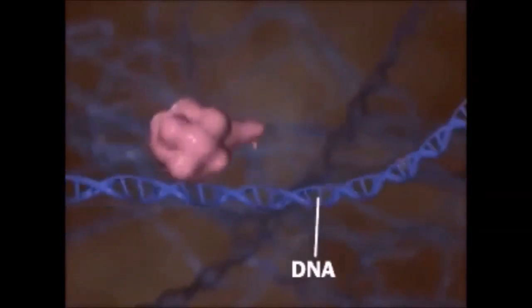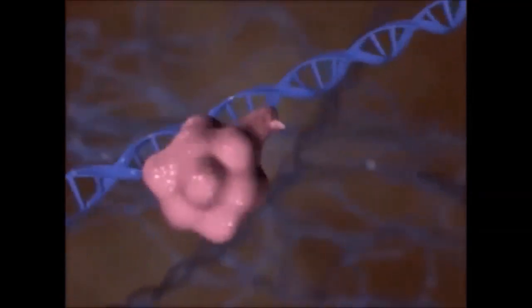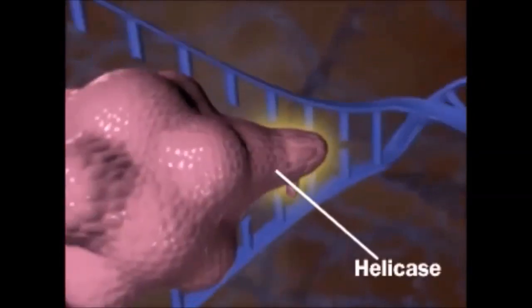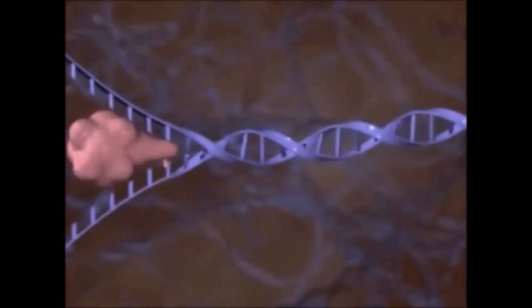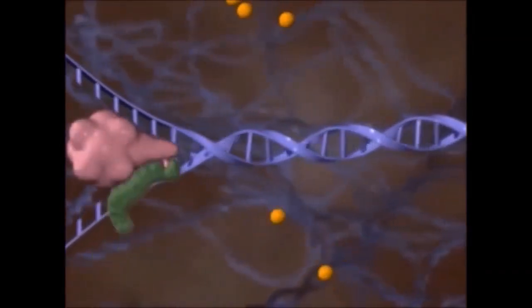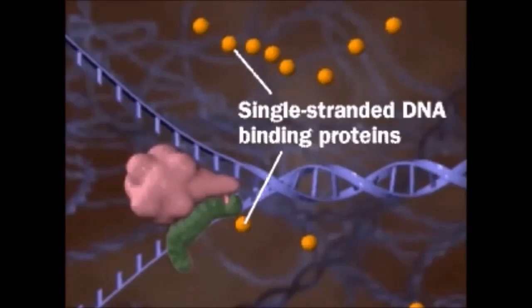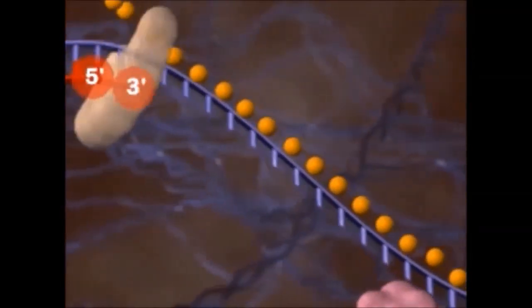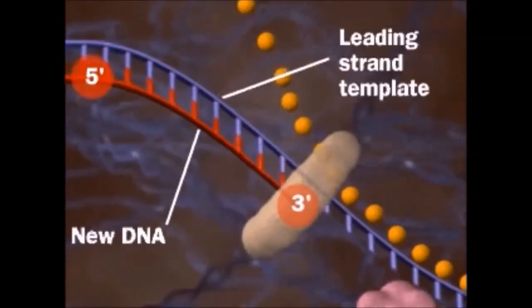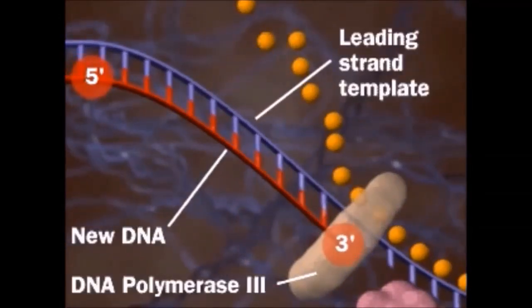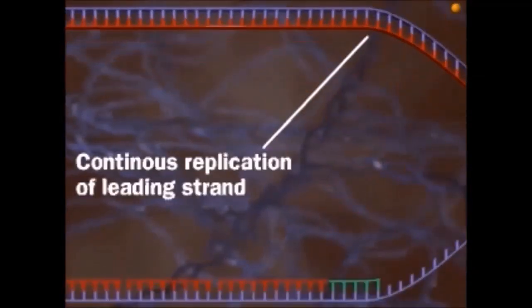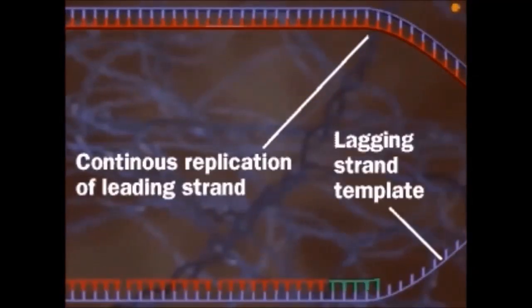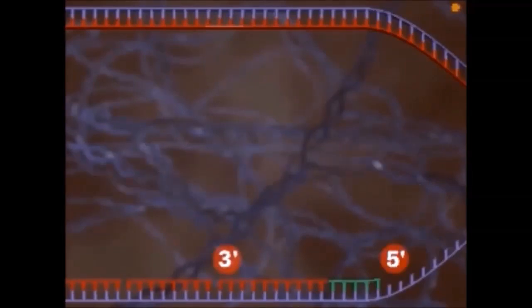When DNA replicates, its strands are separated by the enzyme helicase. Single-stranded DNA binding proteins keep the strands from re-annealing. One DNA strand encodes the leading strand, which forms from its 5' to its 3' end, using DNA polymerase III. No problem here, but the lagging strand presents problems. It has to form from 5' to 3' too. It forms in pieces called Okazaki fragments.